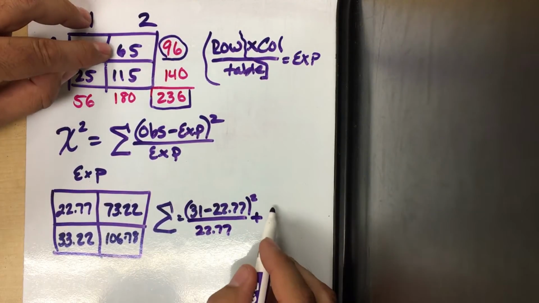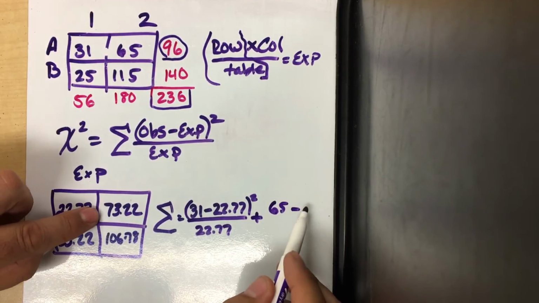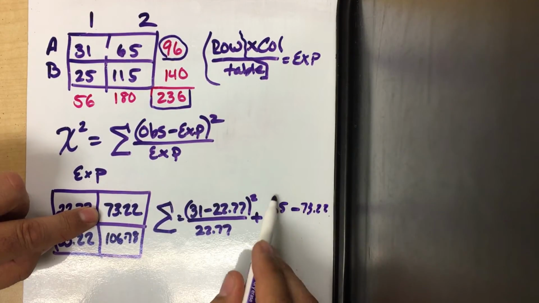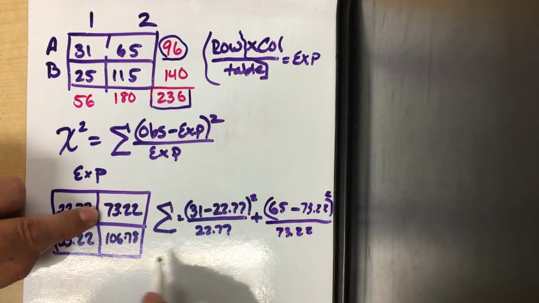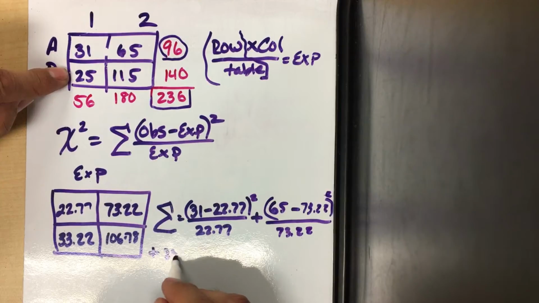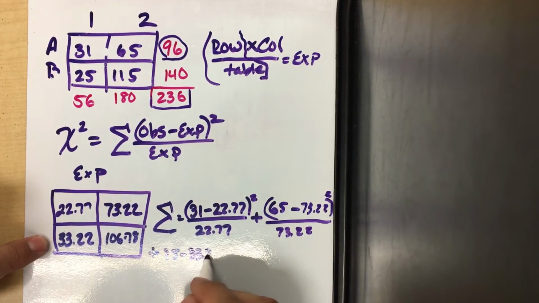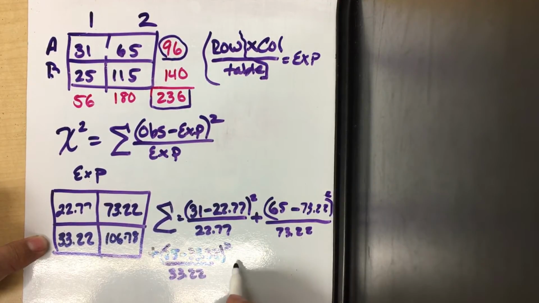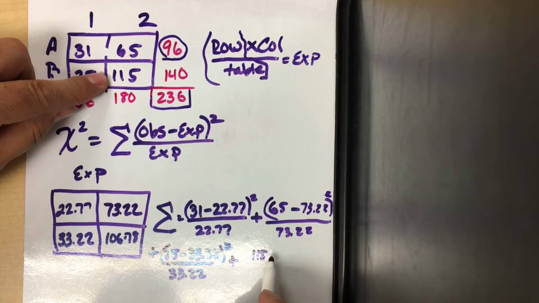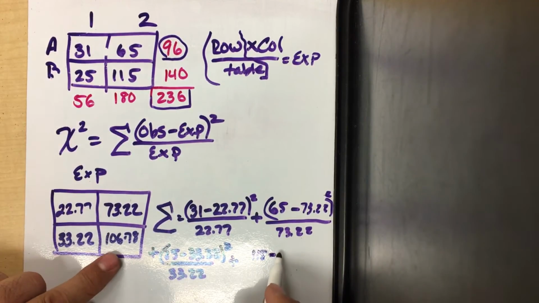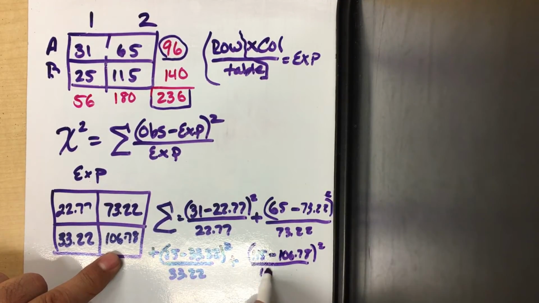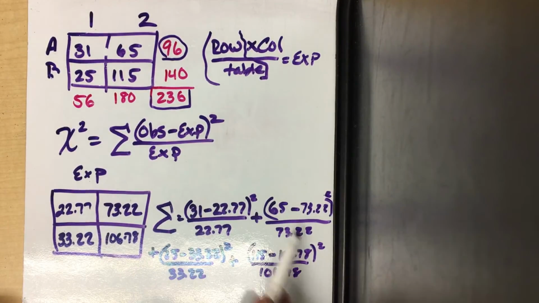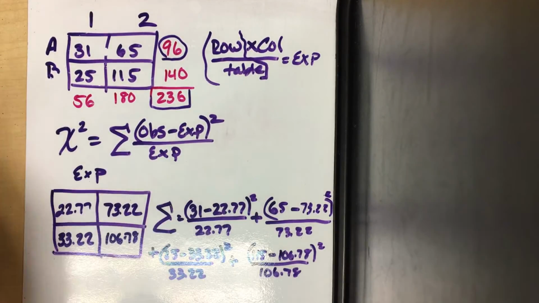Plus, then we're going to do it again, 65 minus 73.22 squared, running out of room there, divided by 73.22 plus 25 minus 33.22 squared divided by 33.22, and the last one's going to be 115 minus 106.78, and we're going to square that and divide it by the 106.78. So now you've got a lot of arithmetic to do here. So I'm just going to do this very first one so you can see what that comes out to look like.